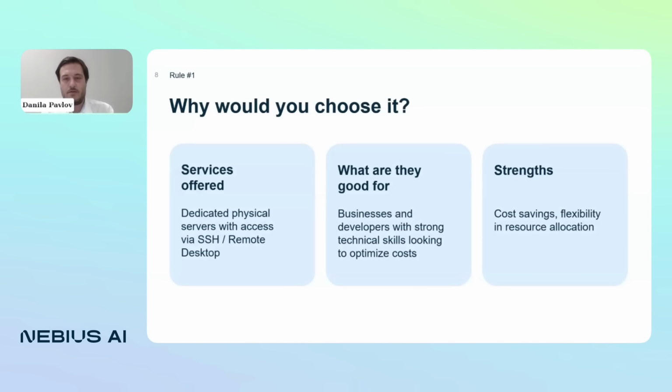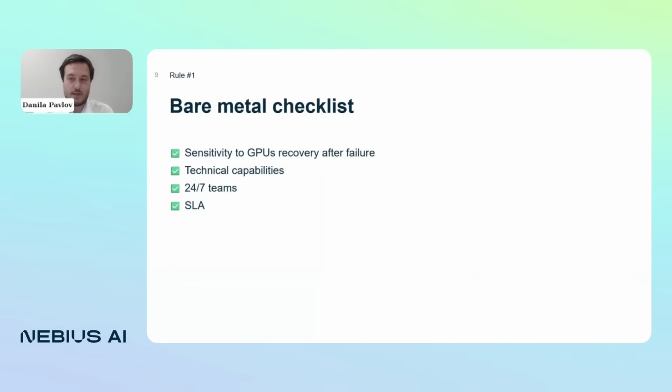On the other hand, you have to understand that bare metal requires strong technical skills inside the development team. And usually, ML engineers do not have these skills, and this means that you have to have an additional team for that. But on the other hand, bare metal providers are usually the cheapest, and sometimes can be more flexible in the allocation of resources.